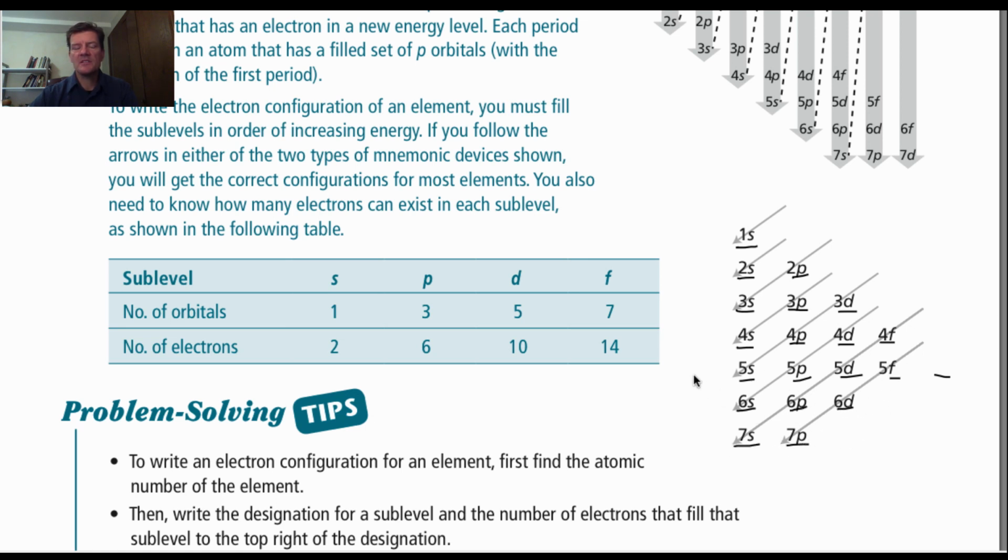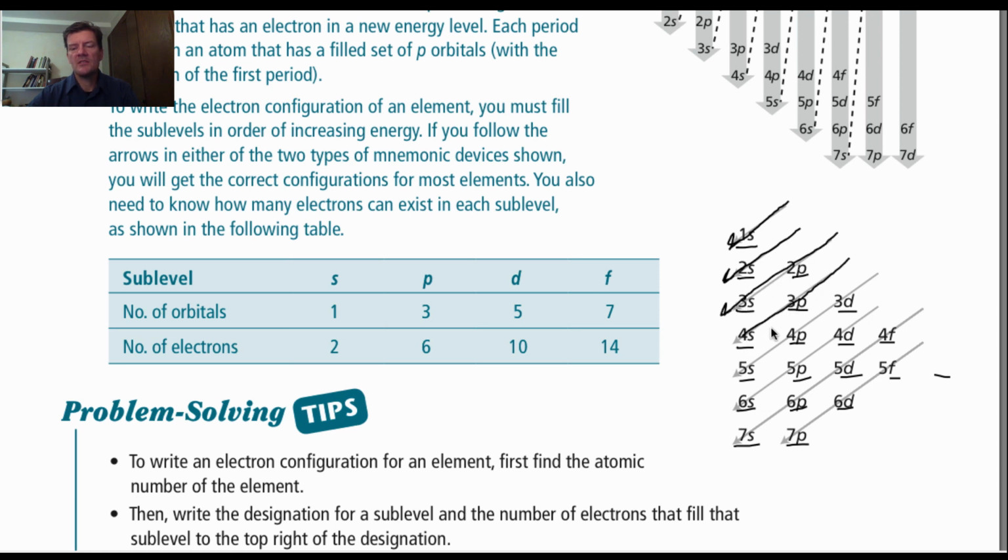So you write them out like this, and then to figure out in which order they get filled, all you do is draw diagonal arrows across this. So the 1s orbital gets filled first, then the 2s, then you come back up here, 2p, 3s, 3p.